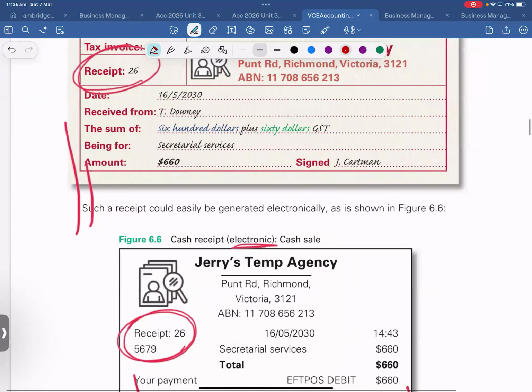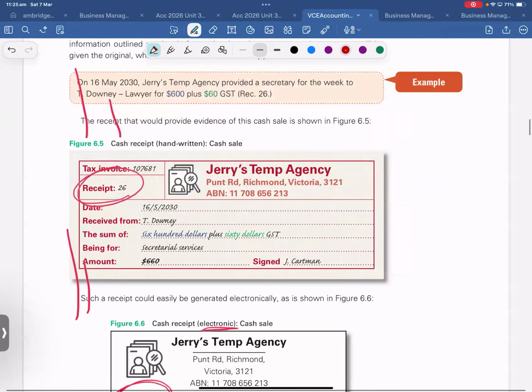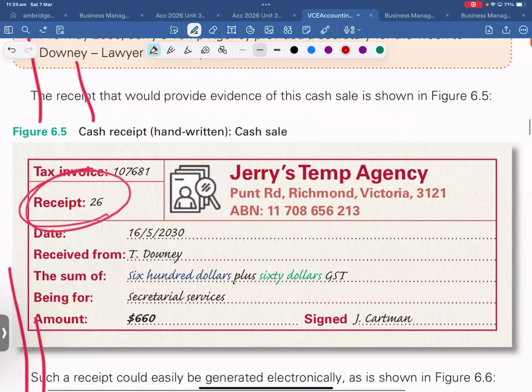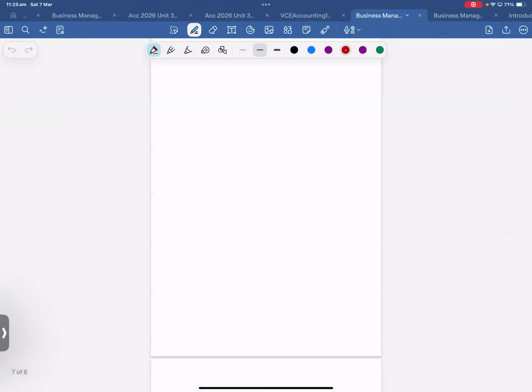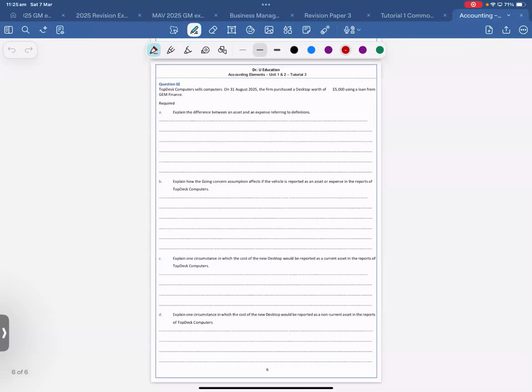Right. Now, have a look at this one. Now, this one is a tax invoice. Why do we say tax invoice? Remember, I gave you some points for the tax invoices. What is it?